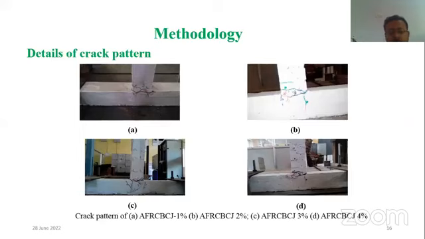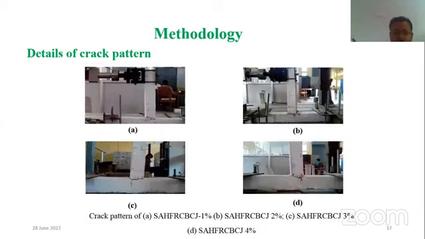Here we can see the crack pattern of the Erica leaf sheath fiber beam column joint for 1%, 2%, 3%, 4% fiber. And here we can see the steel Erica hybrid fiber.